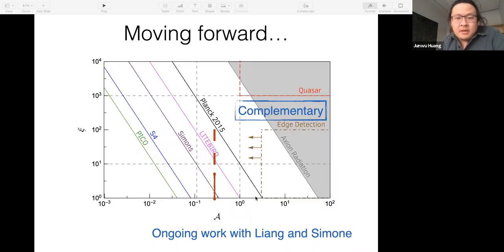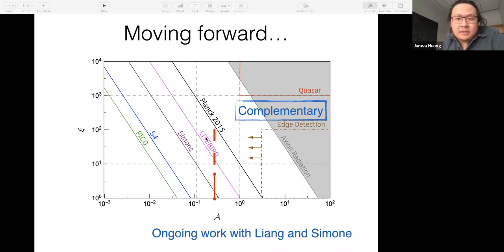Okay. So what does this 0.1 degree mean? So if we can get this sensitivity of 0.1 degree polarization rotation from the polarization map, then we can improve this edge detection method to basically the dashed line here.